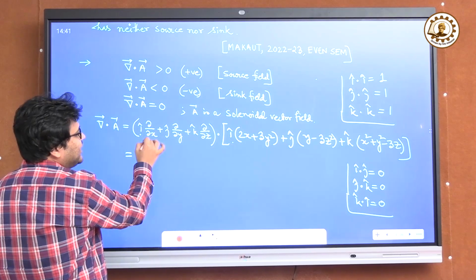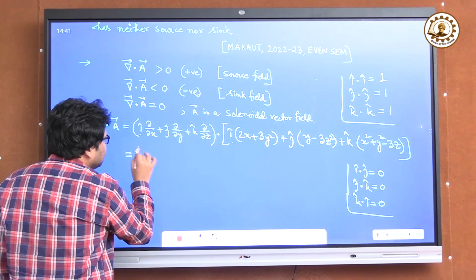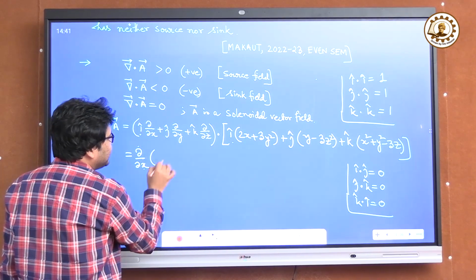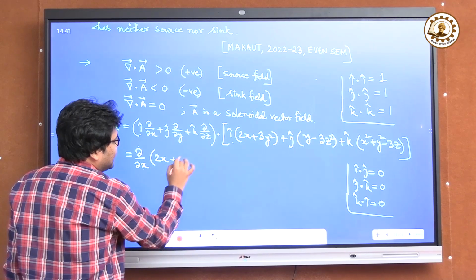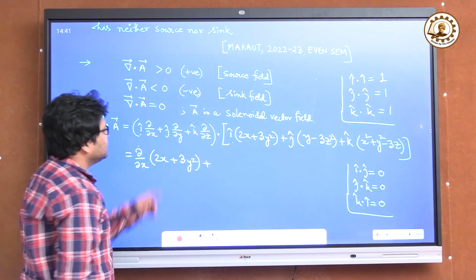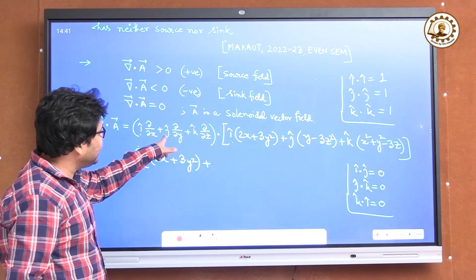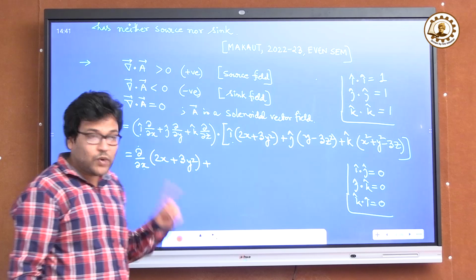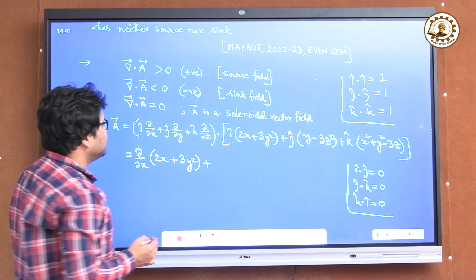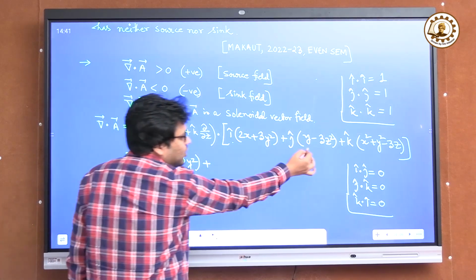That means del del x is going to operate on the i cap component of the given vector field. So we have del x that is going to act on the i cap component, that is 2x plus 3y squared. Plus, similarly, j cap multiplied with i cap results 0, with j cap results 1, and with k cap also results 0. So we only have a single term, del y, that is going to act on the j cap component.